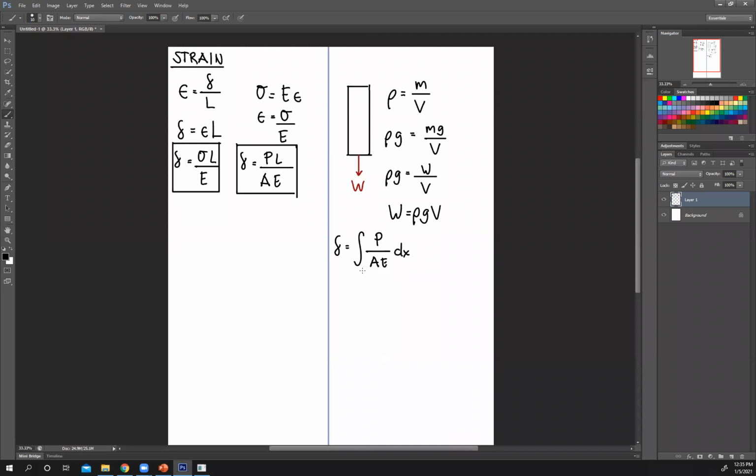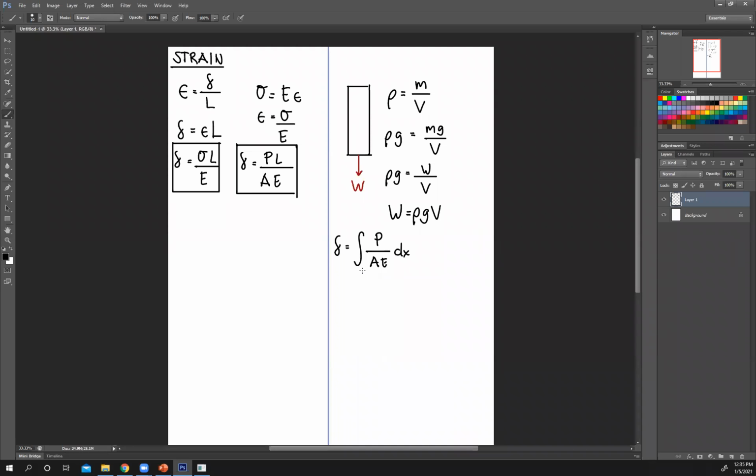The force creating this elongation is just the weight. So that's weight over AE dx from 0 to L, and weight is rho g V. So rho g V over AE, again from 0 to L.